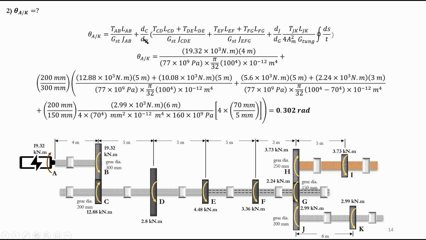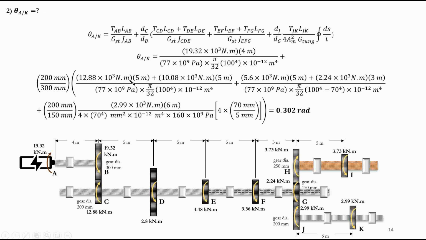Basically this is DC over dB, multiplied by T_CD L_CD plus T_DE L_DE, divided by this. So we have these values from the torque diagram and the figure: 12.88 times 10 to the power 3. Again, why 10 to the power 3? Because we are using Newton meters. It's 12.88 kilonewton meters, and we convert it to Newton meters.